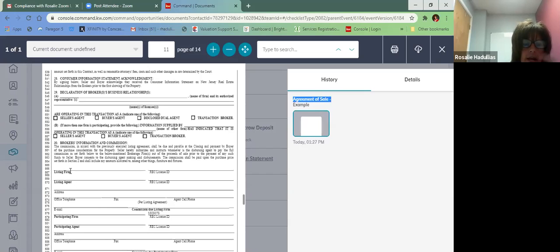Listing firm, and that would be whoever the other agency is, their license number, the listing agent and their license number. And if you go on to Paragon, they make it very easy now. You just click on it, it comes up, you put the agent's name in, and the license number should come up on that. Their address, phone number, and of course their email.